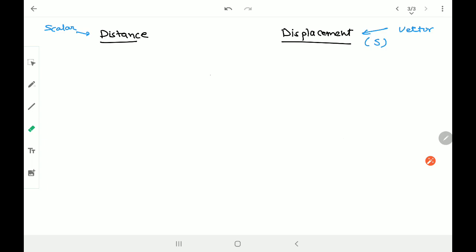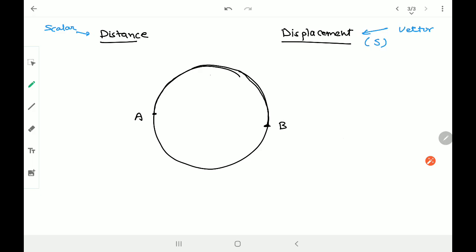Imagine I have a circular track and there is an ant here at point A. The ant moves along this particular path till here. Here the ant is now at B. So the ant is traveling on this path and is now at point B. How much distance is the ant covering? The length of this arc is the distance. Do you know how much that is?